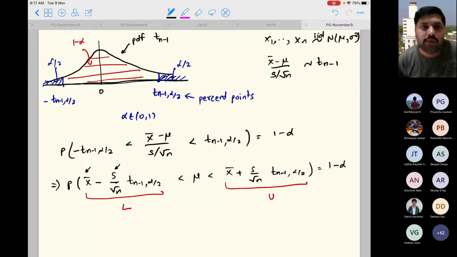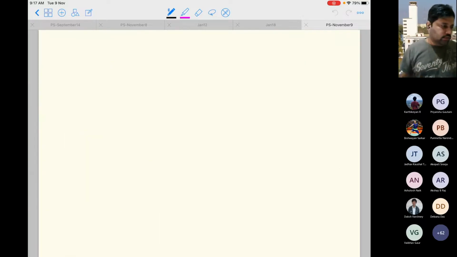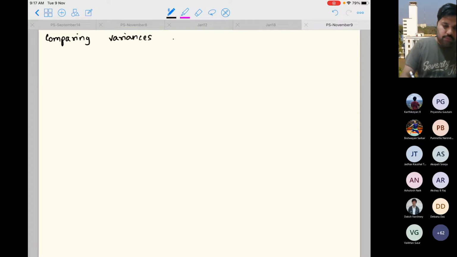Let us continue our discussion. So I hope now that these things are clear, I will just go further, and now I'll work with two distributions. Comparing.